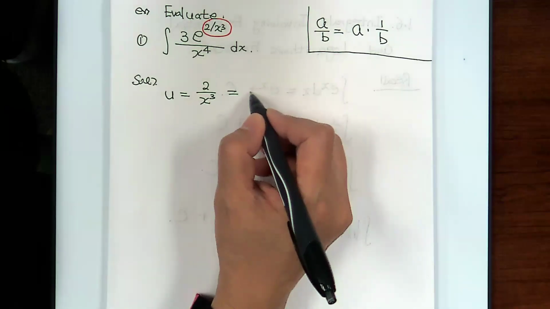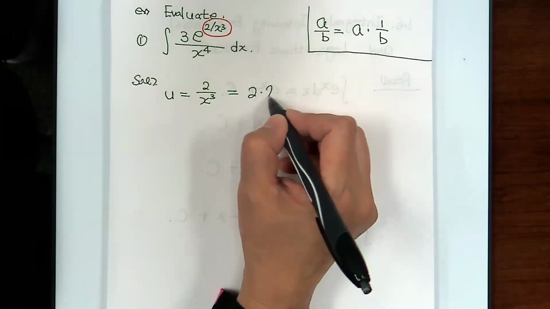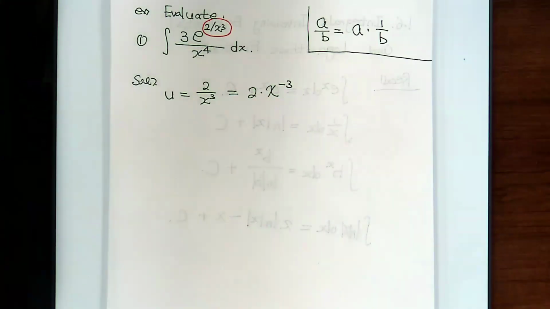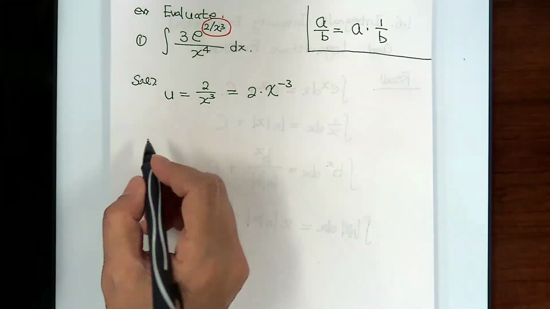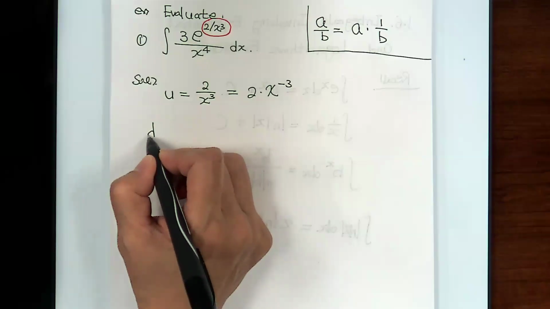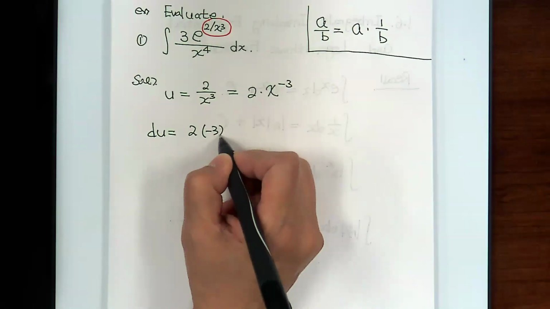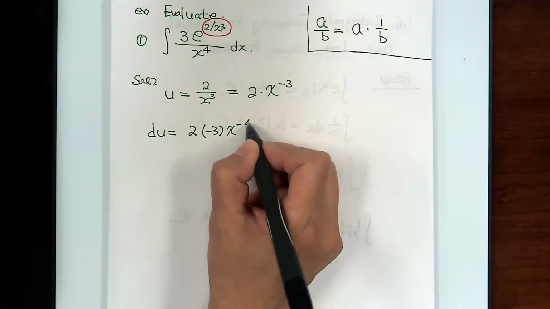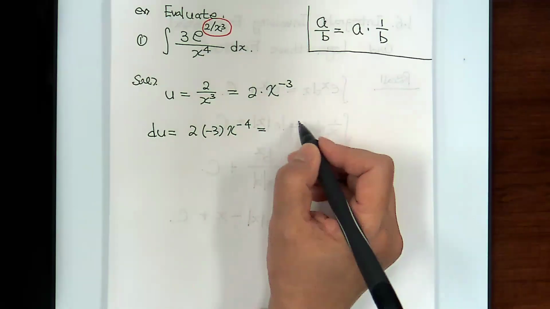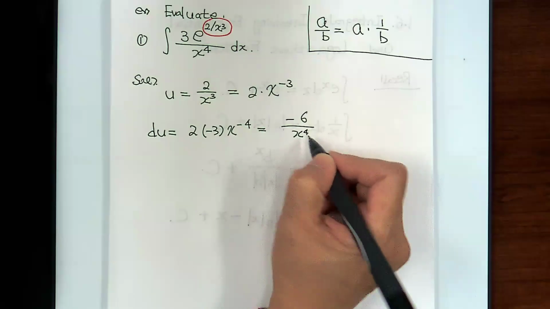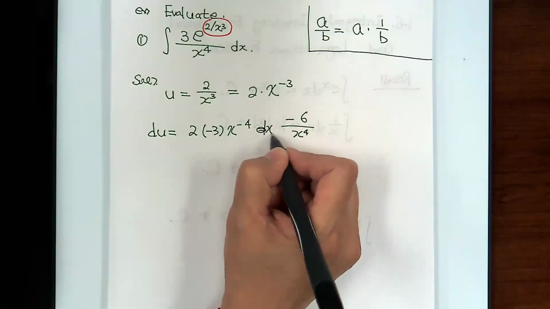Then that is 2 times x to the minus 3 power. And then du equals 2 times minus 3 x to the minus 4th power. So that's minus 6 over x to the 4th power, dx. I forgot the dx.